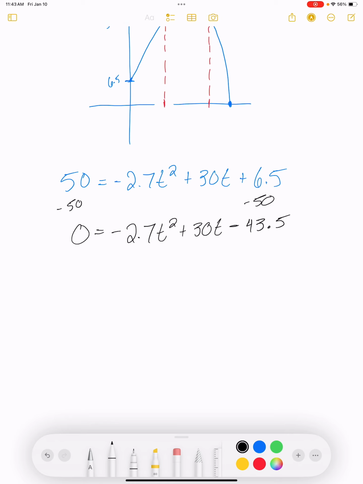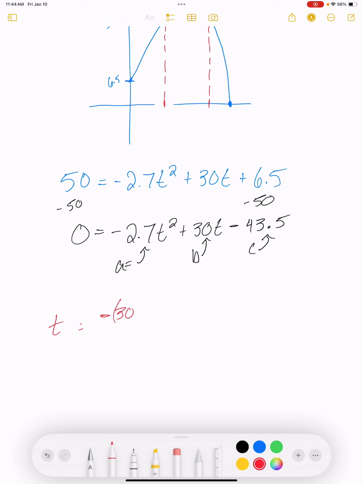All right, so we're saying A is equal to this, right? Not the t, but just the coefficient. We're not worried about the variable. B is 30, and then C is that, right? And we're saying our answer, or t, I guess, in this situation, time, is equal to negative b, so negative 30, right?